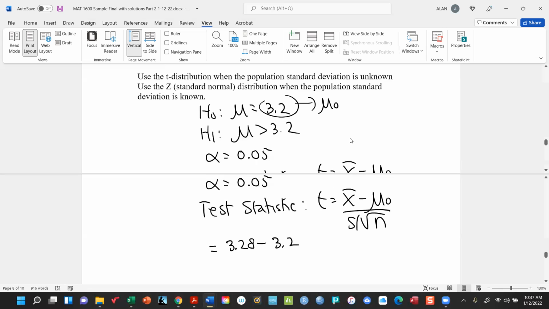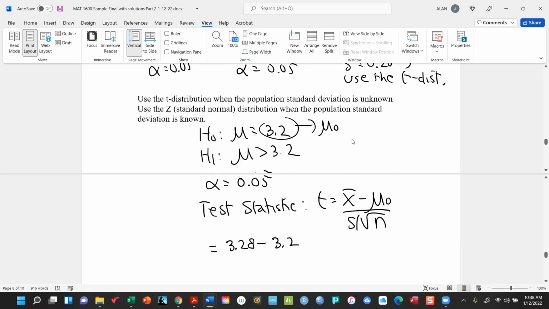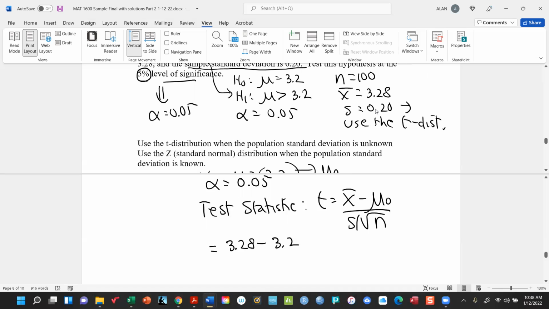Now, what about the denominator? We need S. S is 0.20. And then this N is 100. And so when you plug in all those numbers, let's see what we get.